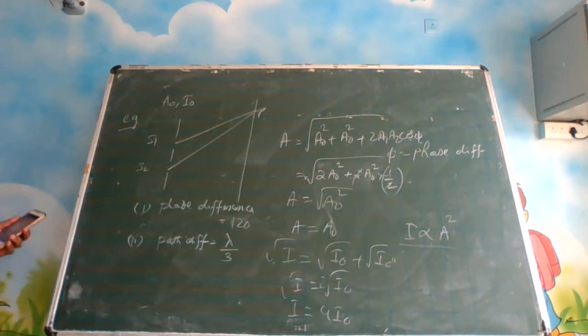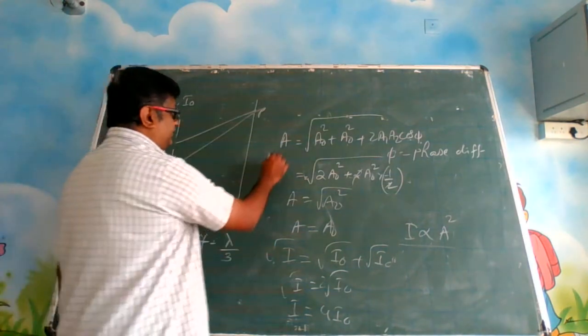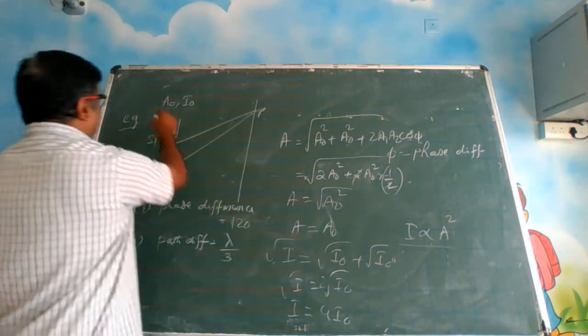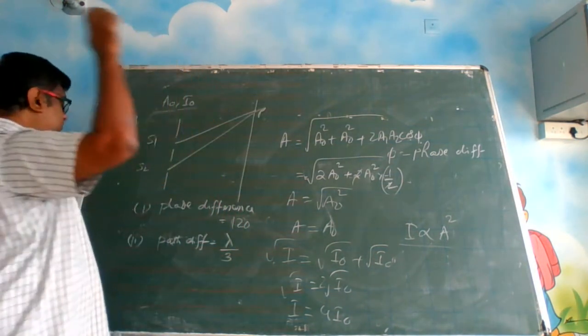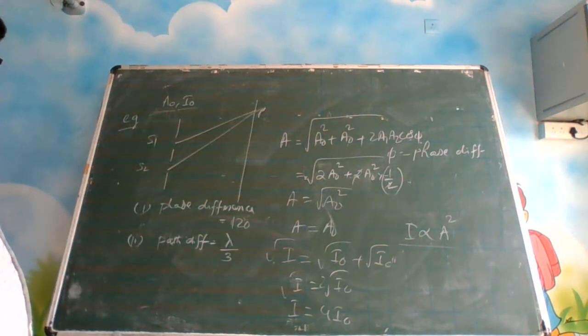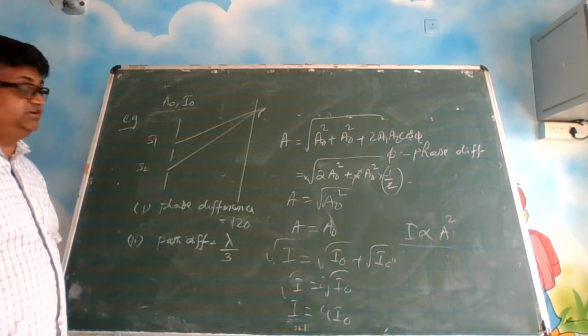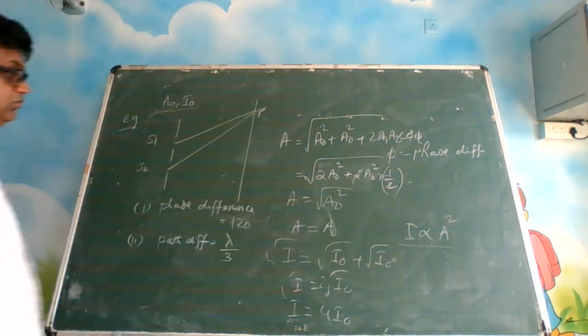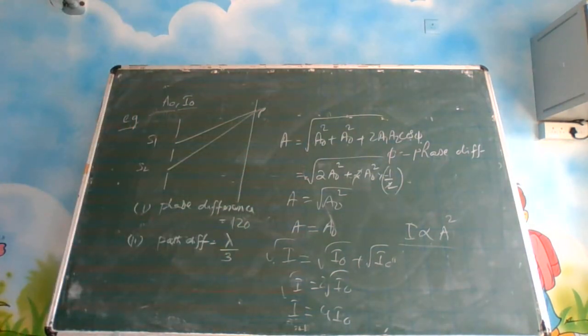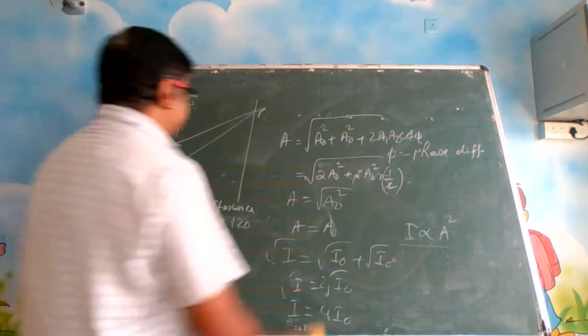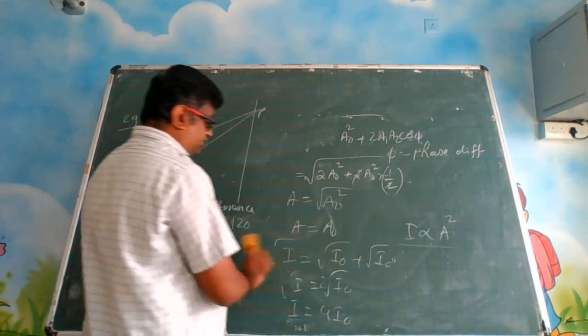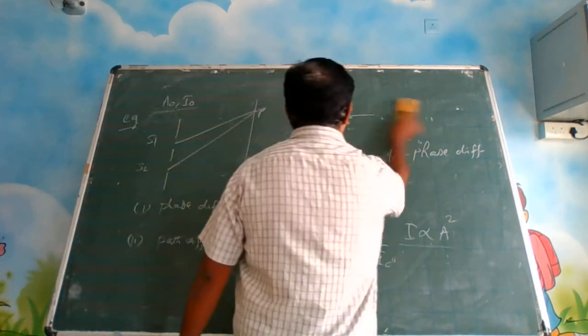The first question is you have to find out the resultant amplitude, then you have to find out the resultant intensity also. So just note on this. Amplitude is clear now. It's pretty straight.